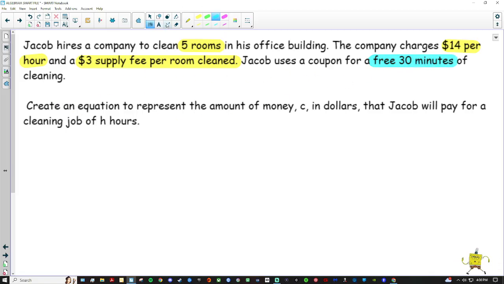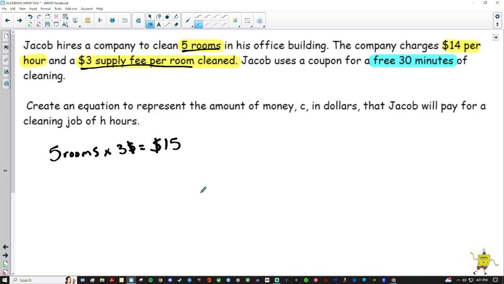Create an equation. So let's figure out what all is happening. First, we know that he cleaned 5 rooms, and they cost $3 per room. So 5 rooms times $3 is a total of $15 to clean those rooms.